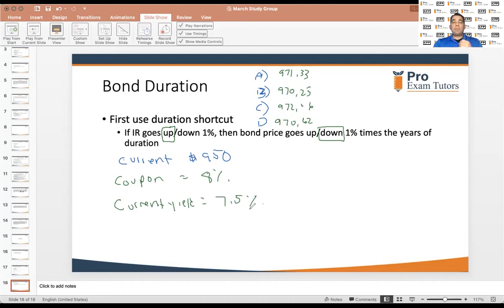So it's paying an 8% coupon, so we know we got semi-annual payments, 2 payments a year coming in at $40 a piece. But there's some market turmoil and investors are running for the hills and they're buying bonds. And now the price is going up, but just a year or two ago, it was risk on.